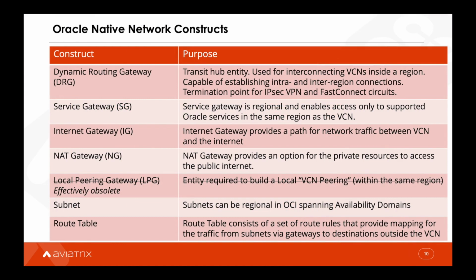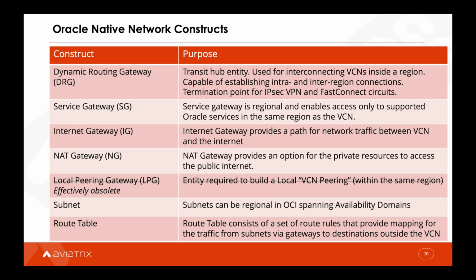So now let's summarize different types of gateways that we have in Oracle Cloud. First of all, we have dynamic routing gateway. We just mentioned it. This is the termination endpoint for IPsec tunnels. But with the recent additions in OCI, or recent changes in their networking, this gateway has become much more powerful.